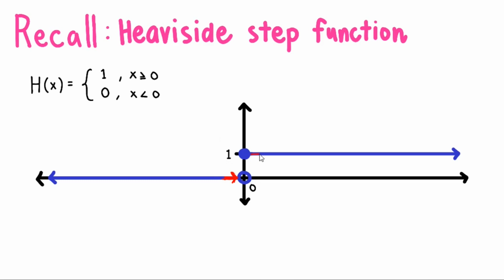Now for its right side, observe that the values from the right of x equals 0 are given by h of x equals 1. So therefore, there isn't really a definite answer for this limit. We can conclude that the limit of h of x as x approaches 0 does not exist. So that is the limit of a Heaviside step function as x approaches 0.